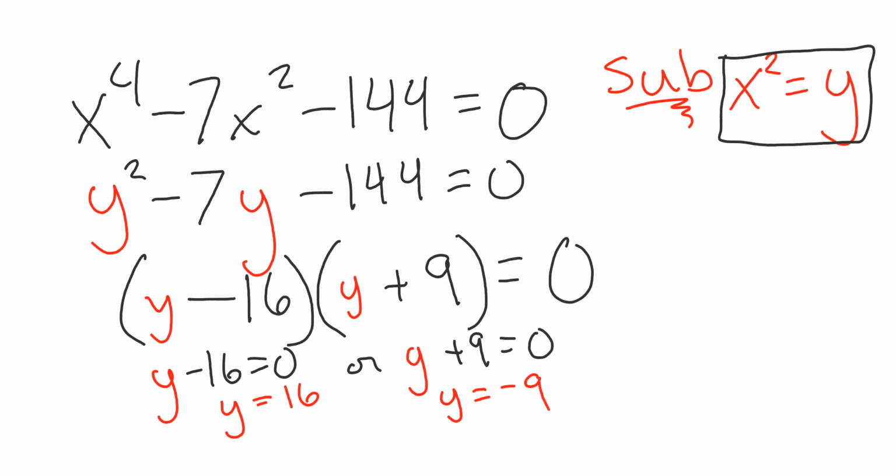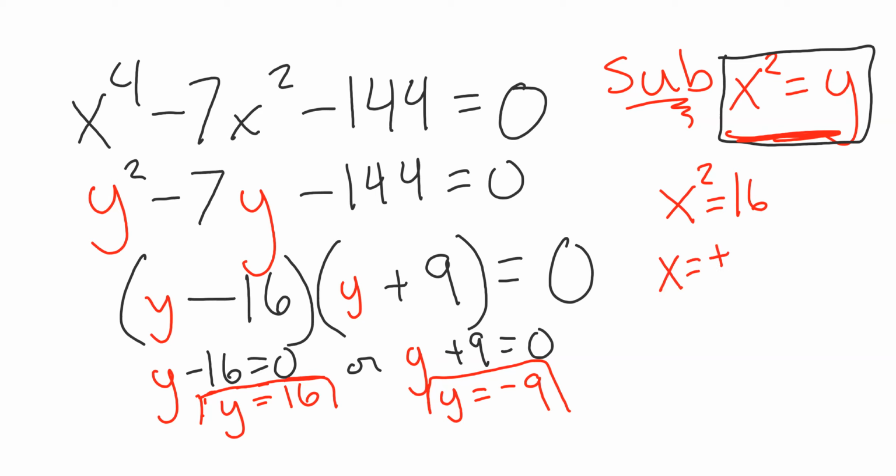So we've got these two values for y, but we don't want y, we want x. And we know that x squared equals y. So we've got that y equals 16 and that x squared equals y. So we know that x squared equals 16. And we can use the square root property here to give us that x equals plus or minus the square root of 16, which is 4.